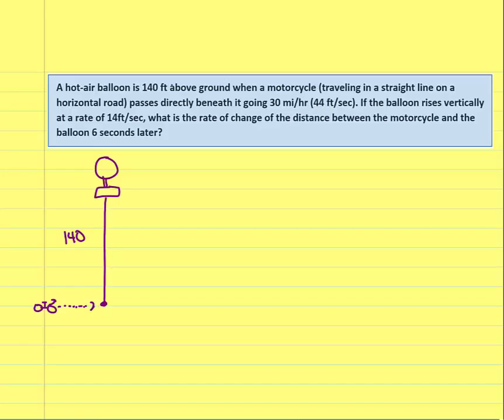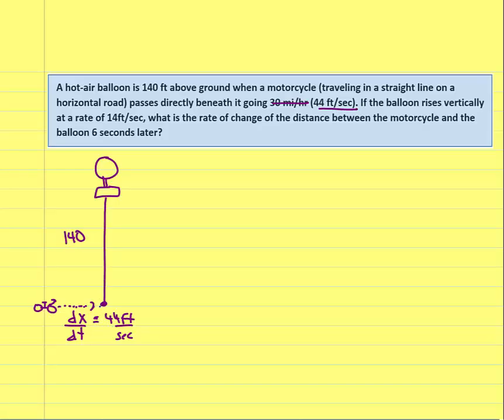Since everything is in terms of feet, I'm going to ignore the miles per hour and stick with 44 feet per second. This direction would be the x direction, so dx/dt is 44 feet per second. That's how fast the motorcycle is going when it is directly underneath the balloon.